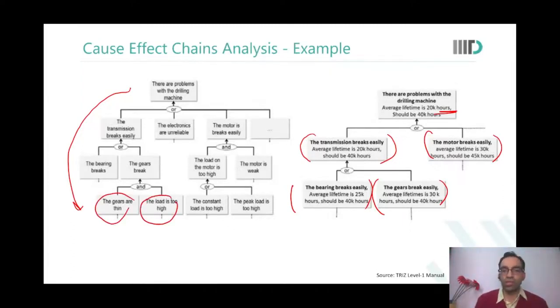So you say, okay, let me make the gears thick. But a secondary problem would appear: as soon as I make the gears thick, the weight of the system increases, or the cost of the system increases. So then the problem statement becomes how to make the gears thick without increasing the cost. And then this part of the system would be taken care of.